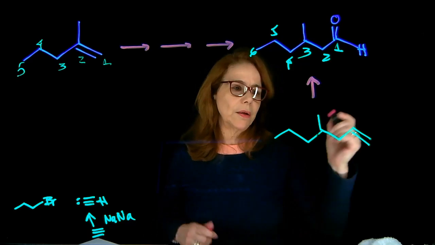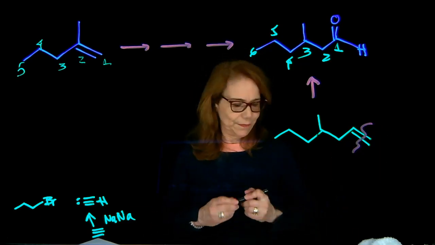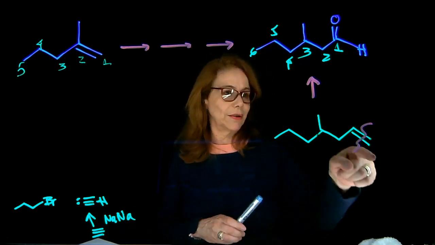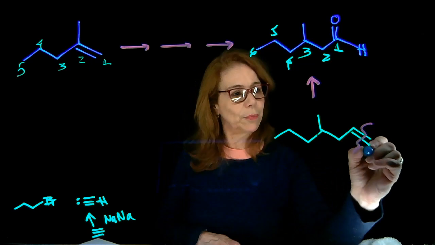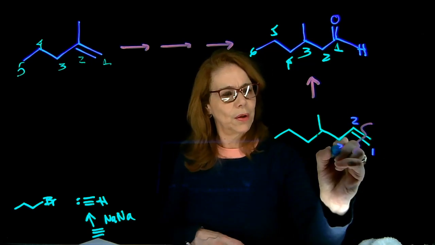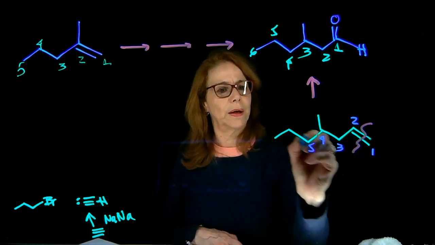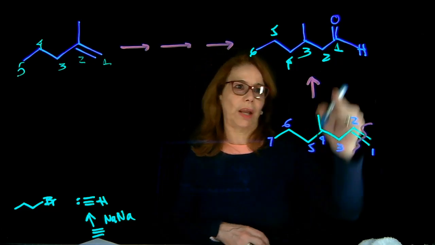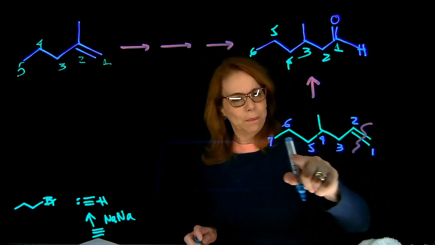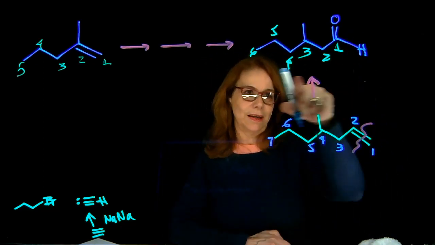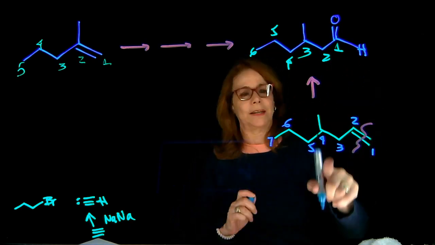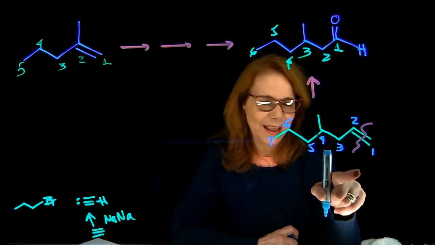So if I do that, let's see. Now I have, starting from here, a compound that has 1, 2, 3, 4, 5, 6, 7. Okay, and I have now what I need. But then I need to make, I have here my 6 carbons and an alkene. That's fine. So I can make that alkene.